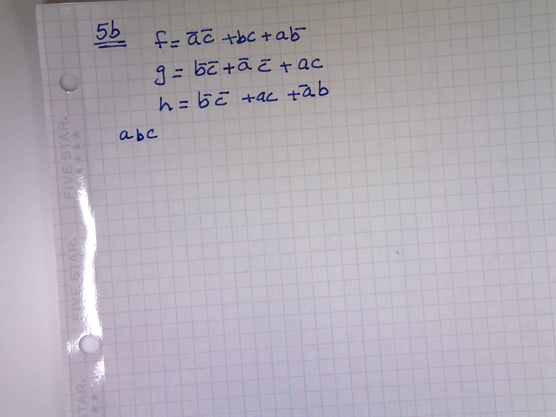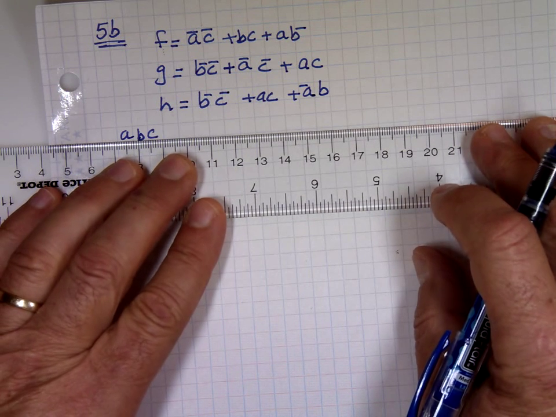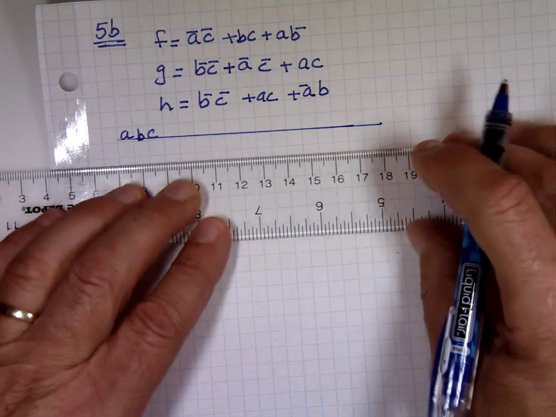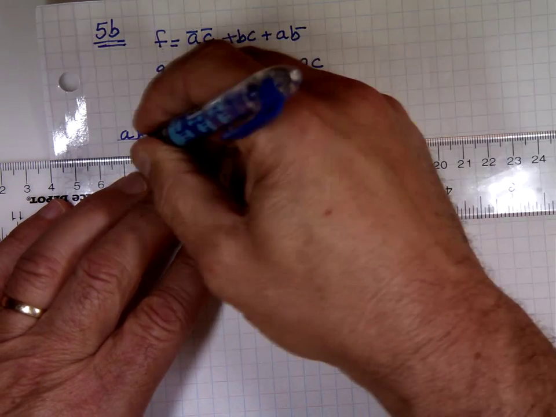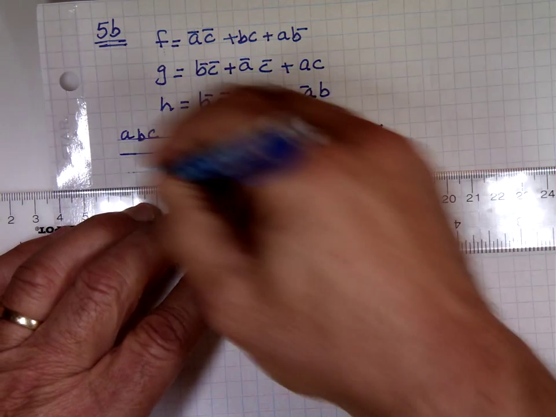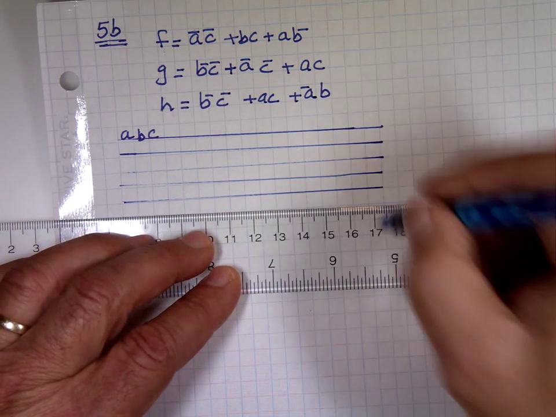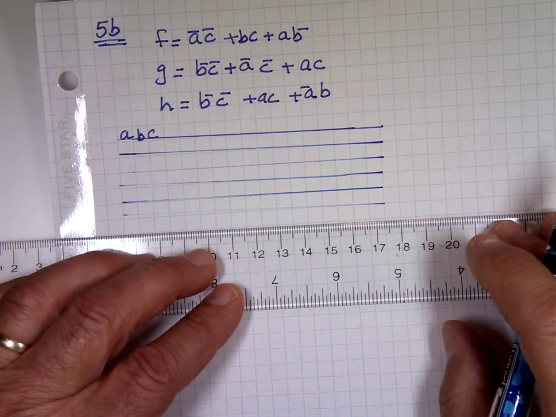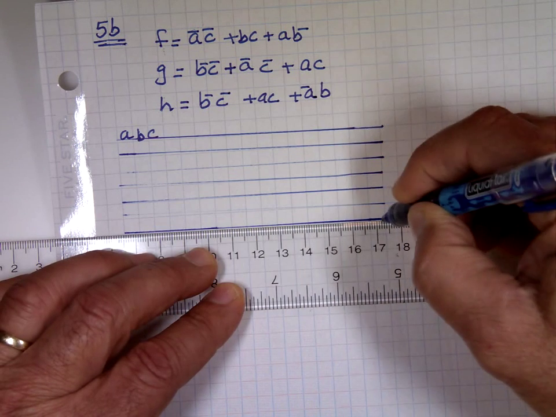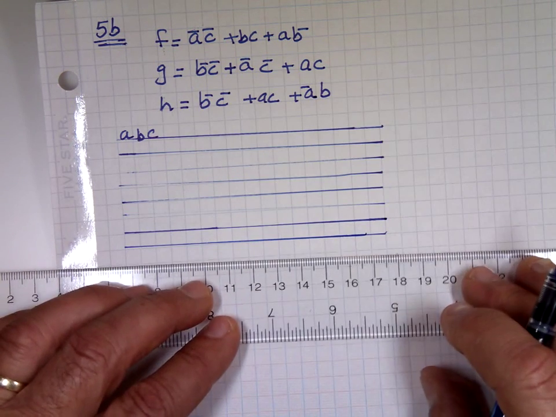And to make sure I don't dip below the line, let's make sure I stay healthy here. 1, 2, 3, 4, 5, 6, 7, and that's 8.